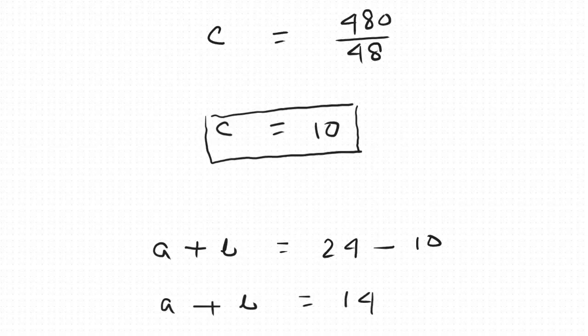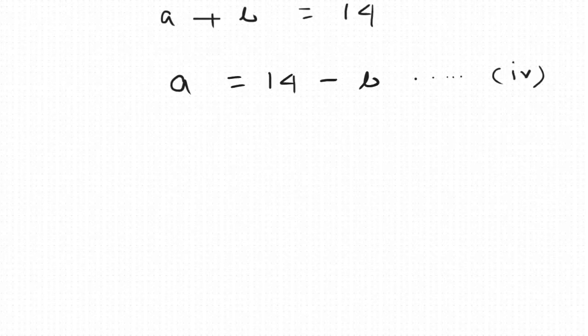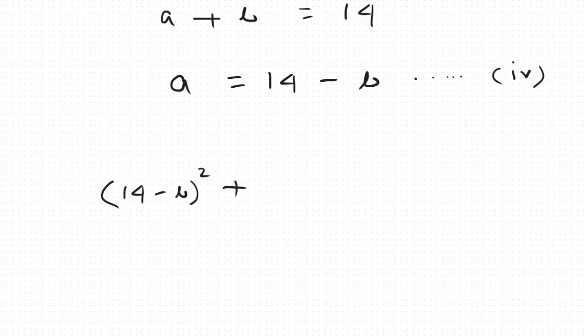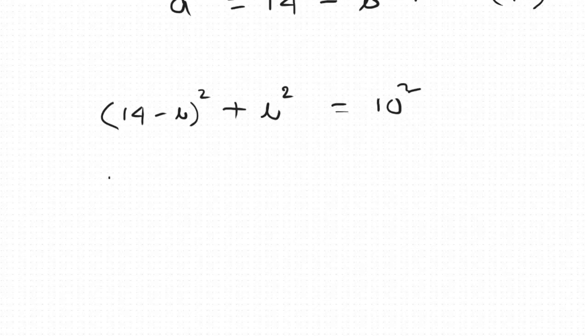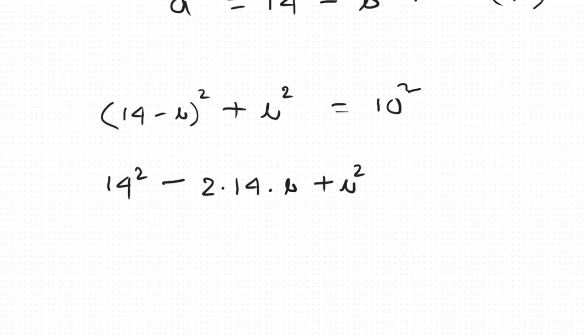So we get A square as 14 minus B whole square plus B square, and C square is 10 square. So from here we get 14 square minus 2 into 14 into B plus B square plus B square equals 100.